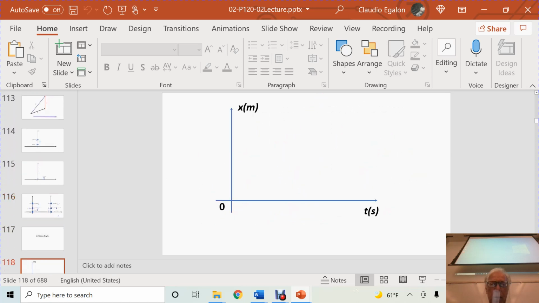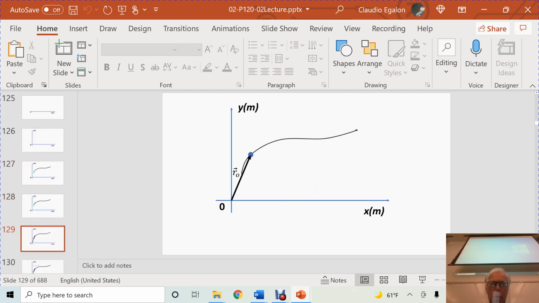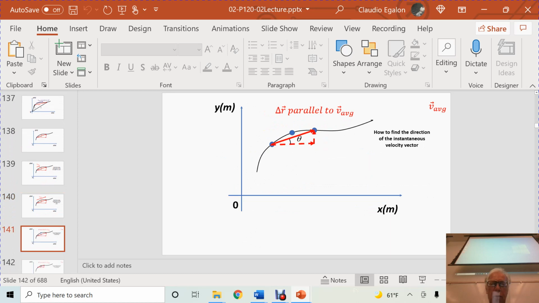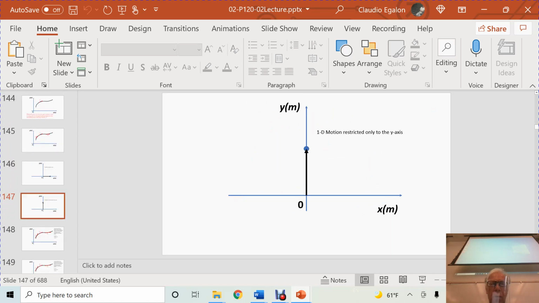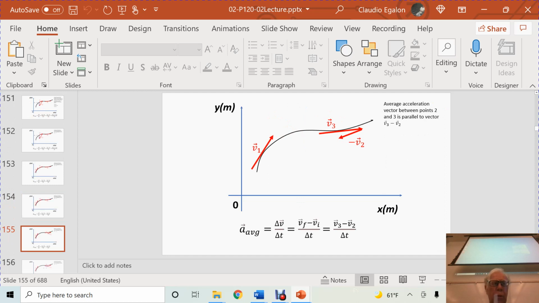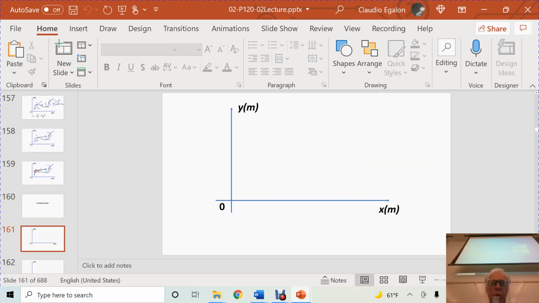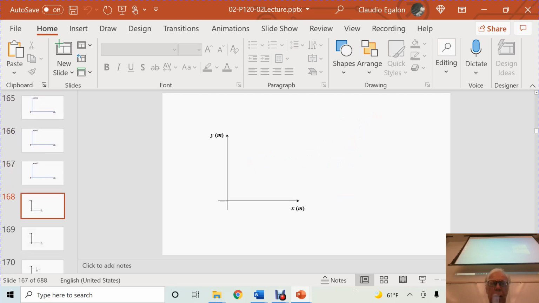Go. The graphs of motion. Go, two-dimensional motion. Oh man, I want to see projectile here. This document is getting too big. That's why the computer is slowing down here. Okay, so that's where the drawings start, right?